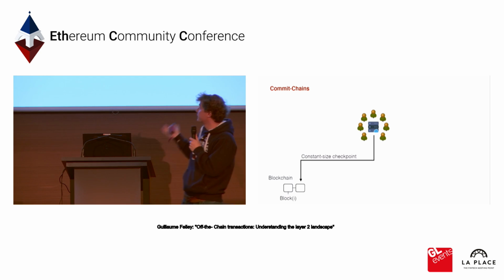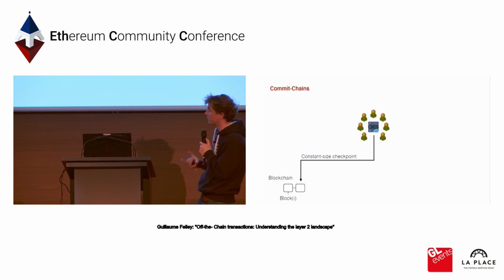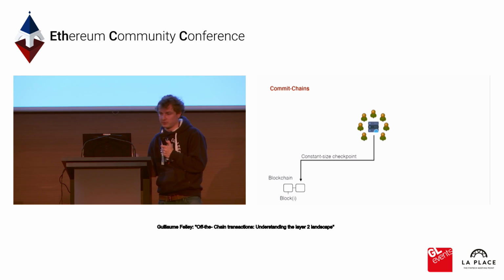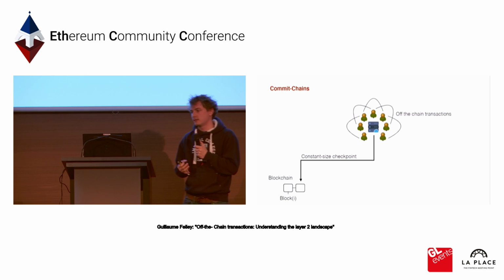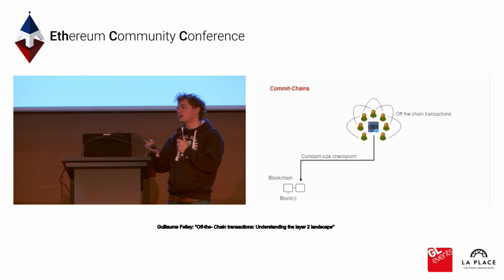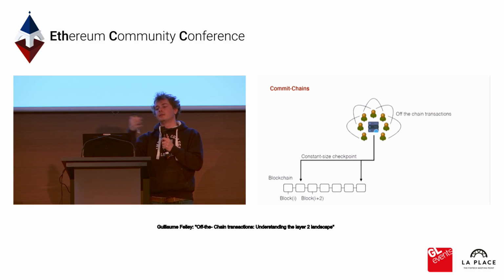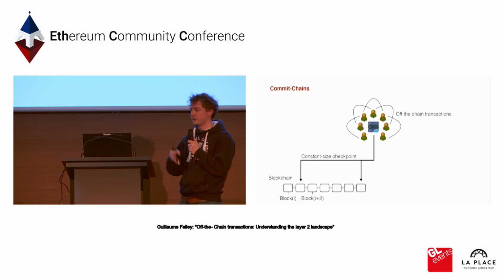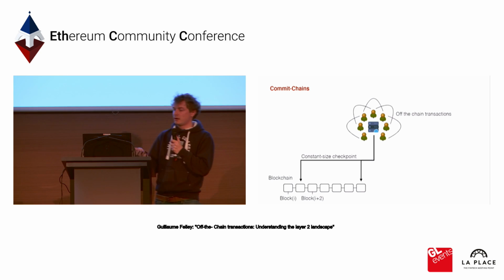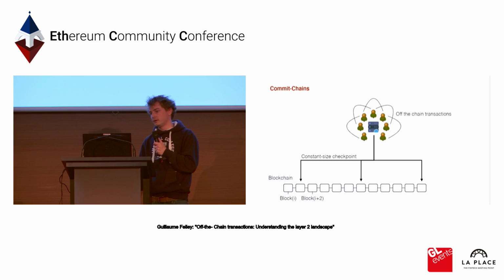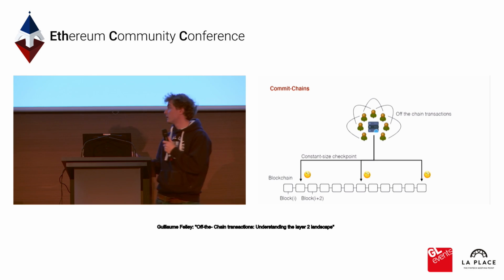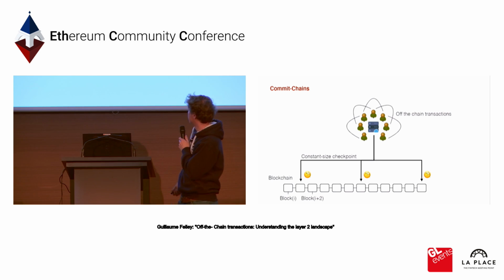This operator periodically commits a constant size checkpoint, which is actually a Merkle root. The users make off-chain transactions by talking to the server. After some time, there will be a new Merkle root that updates the state of everybody with their transactions, and it goes like this forever.